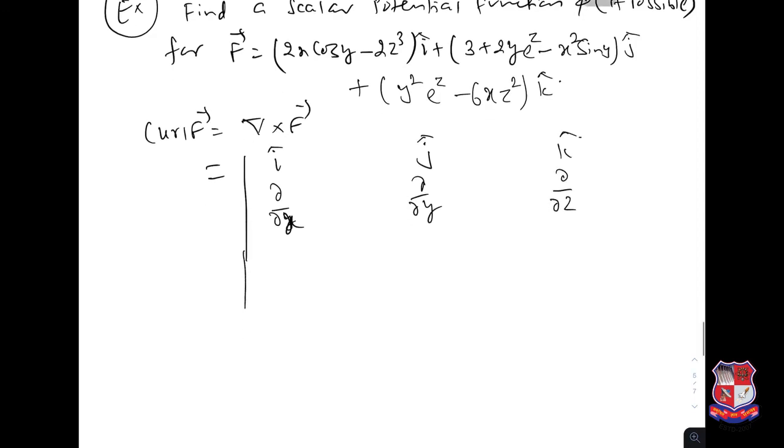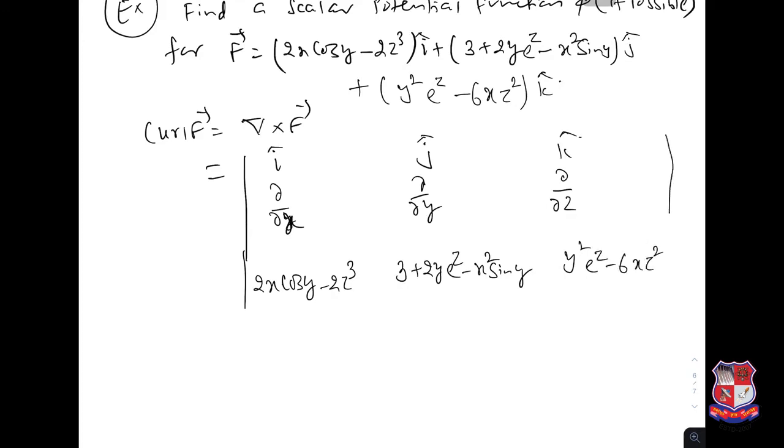This is 2x cosine y minus 2z cube. This is 3 plus 2y e power z minus x square sine y. This is y square e power z minus 6x z square.